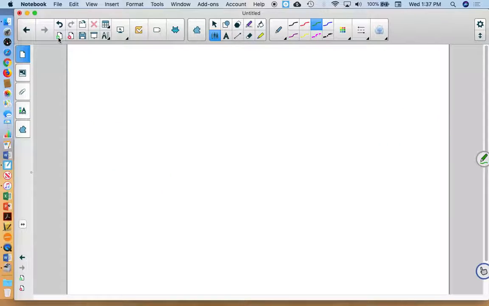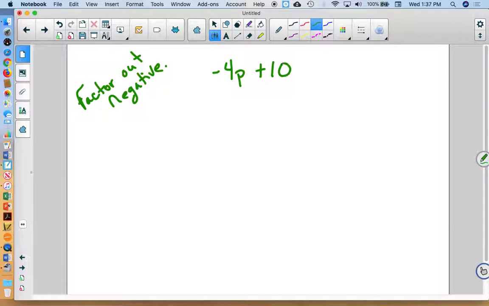Okay? Now, factor out a negative. The process is exactly the same. I have negative 4p plus 10, and I'm going to factor out negative 2.